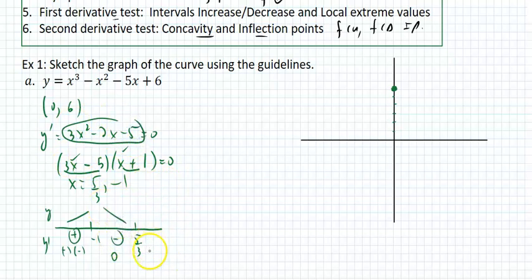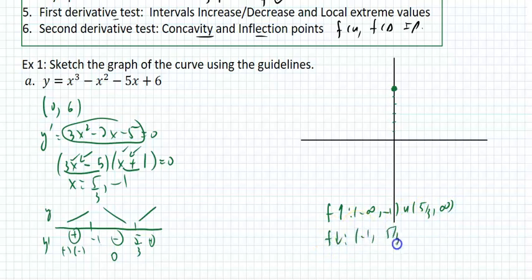And a point to the right of 5/3, remember, 5/3 is 1 and 2/3. So let's say 10. 30 minus 5 is positive, and 10 plus 1 is positive. So my conclusion is that f is increasing from negative infinity to negative 1 union with 5/3 to infinity. f is decreasing from negative 1 to 5/3.